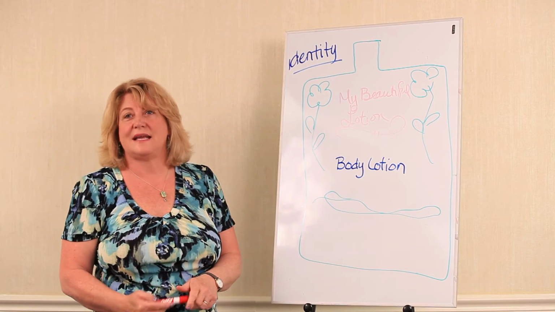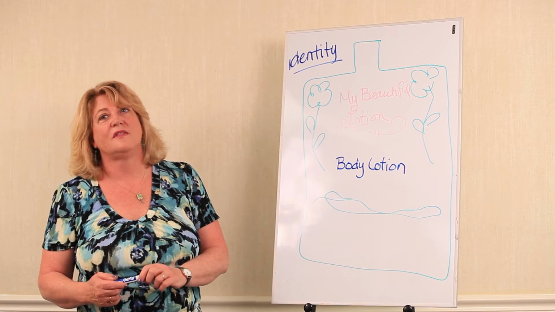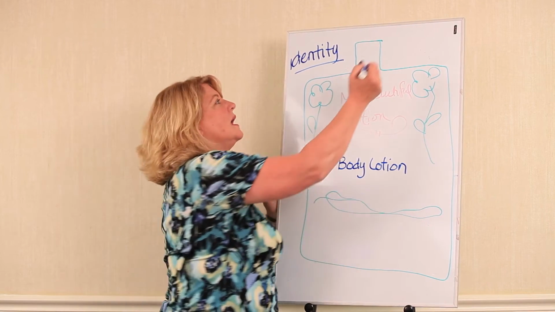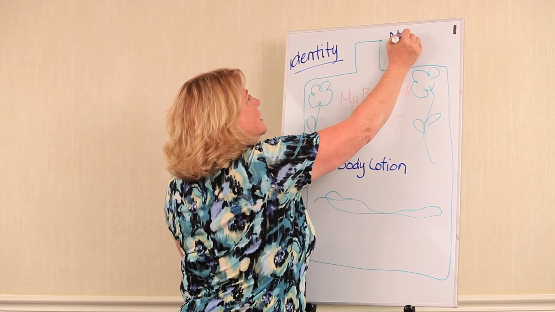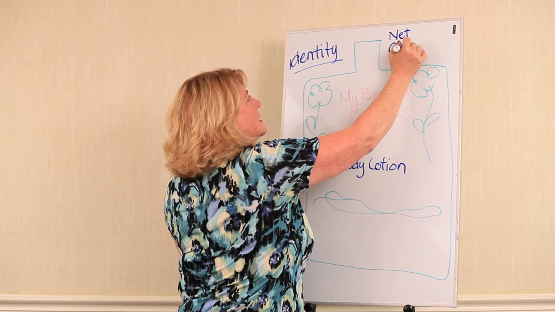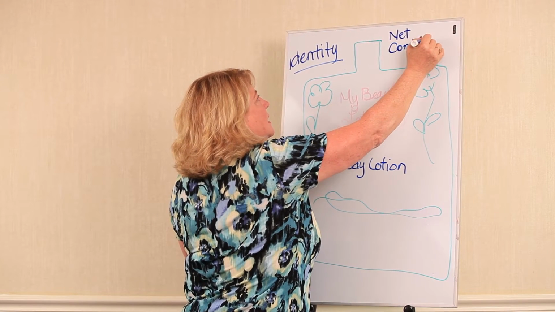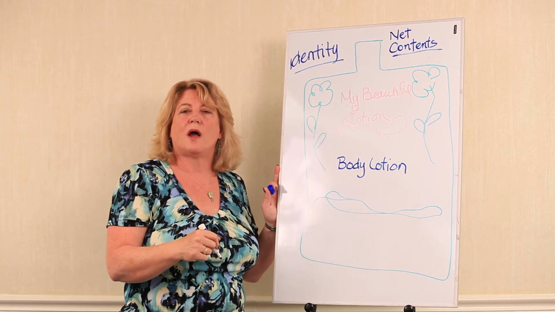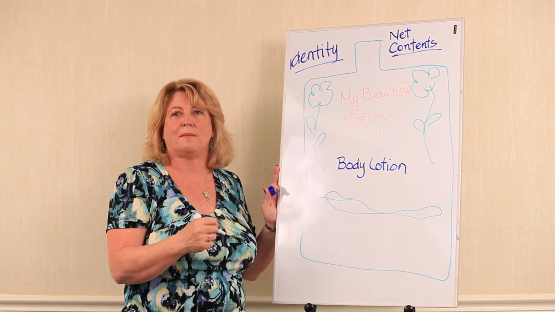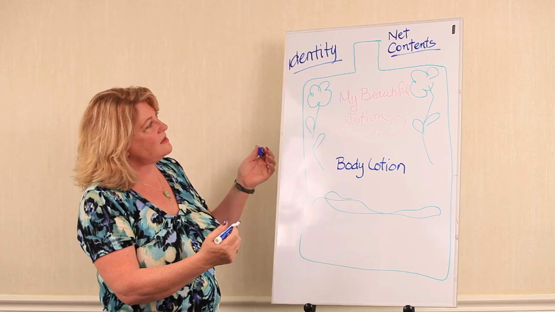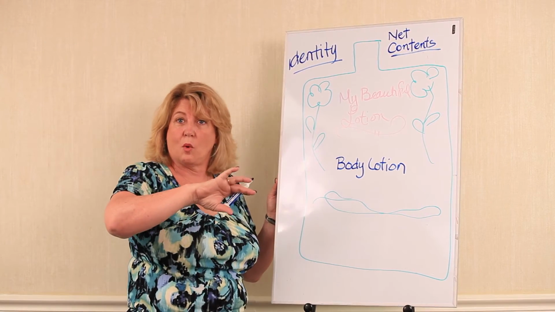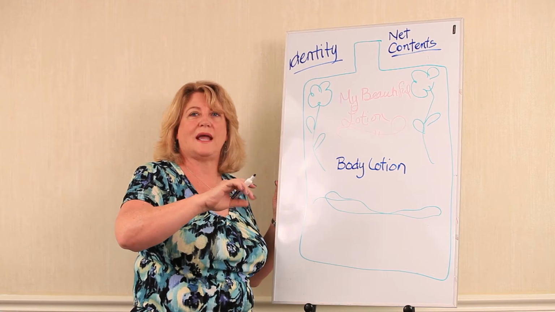So that's the identity. The other thing that you must have, and this is probably the most important thing, are the net contents. That tells the consumer how much product is actually in that bottle. So we'll say that this is a 4-ounce bottle, and since it's a lotion and it's pourable, you would say it's fluid ounces.